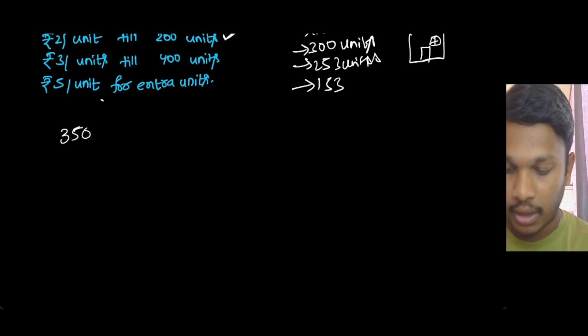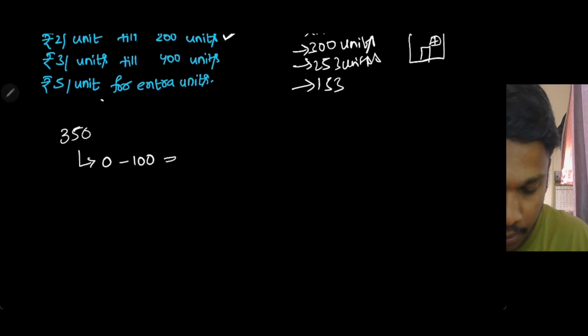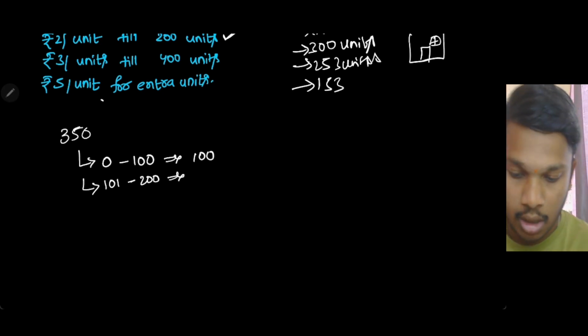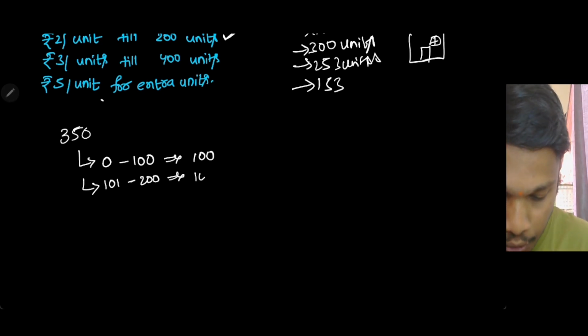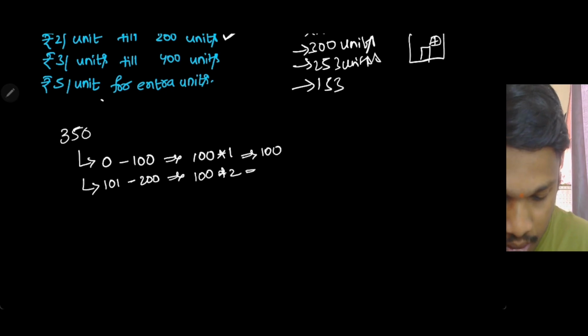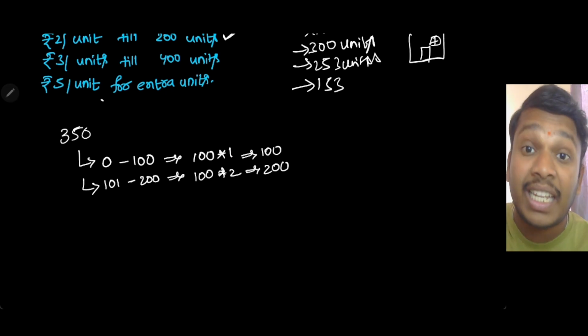Till 350 units, for the first 100 units, 0 to 100, every time they will pay 100 rupees. Next, 101 to 200, these 100 units, before it was 1 rupee, now it is 2 rupees. So total 100 rupees, plus this one 200 rupees, so in total 300 they paid.